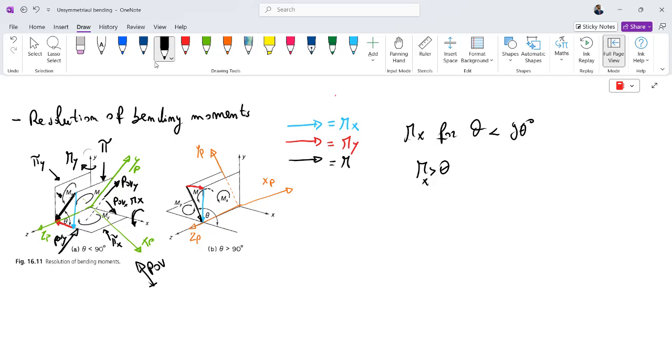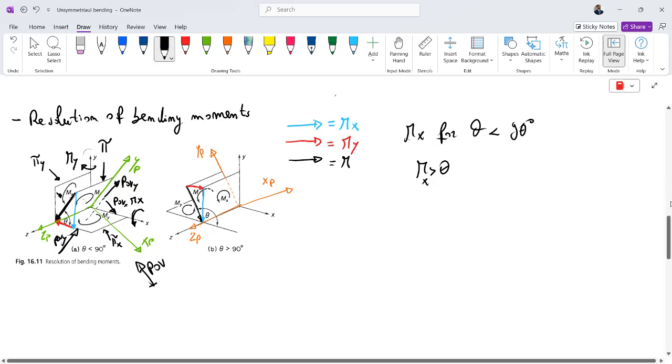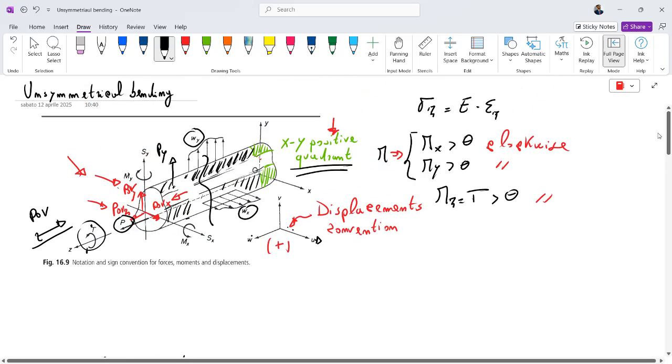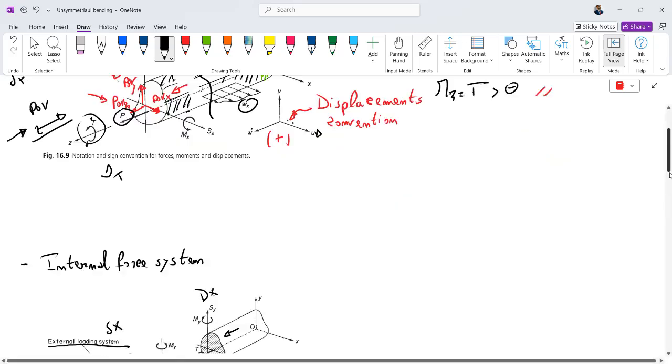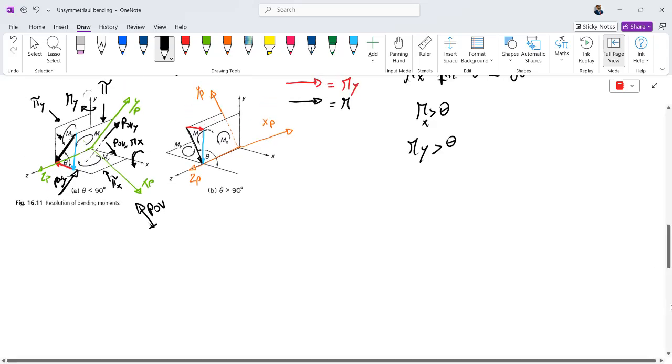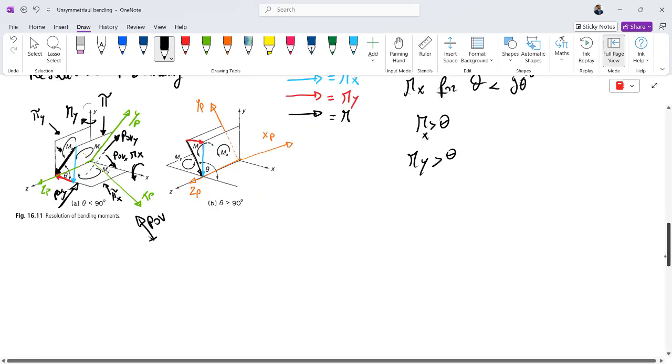The moment is positive. This is the right side and this is the left side of the beam from this point of view. So the right side of the beam is in tension, so my is positive for theta less than 90 degrees.